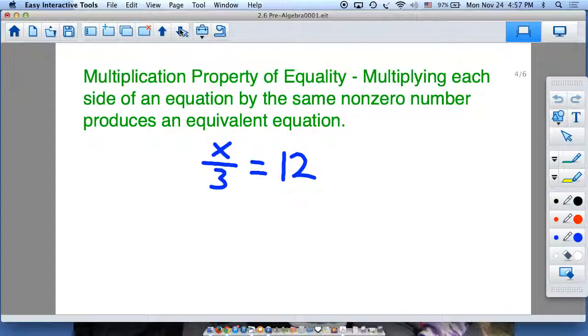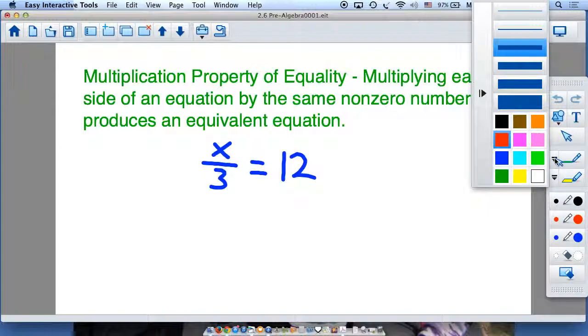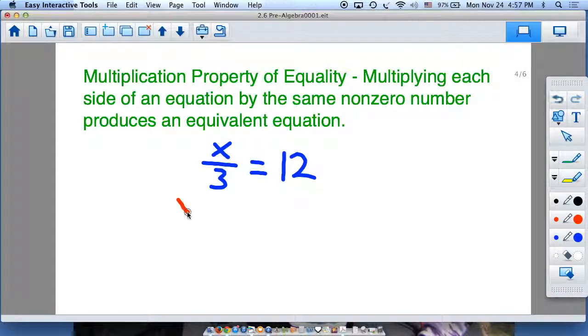Let's move on to the multiplication property of equality. When we multiply each side of an equation by the same non-zero number, it's going to produce an equivalent equation, so we can solve for that variable. In this equation, we are going to multiply both sides by 3. So I'm going to rewrite this as x divided by 3. Now we're going to multiply this side by 3, and we're also going to multiply the right side of our equation by 3.